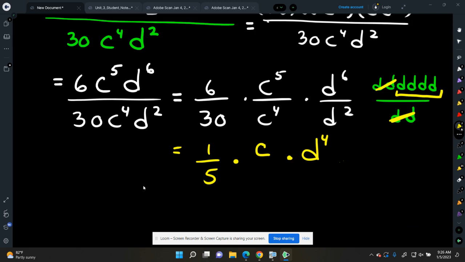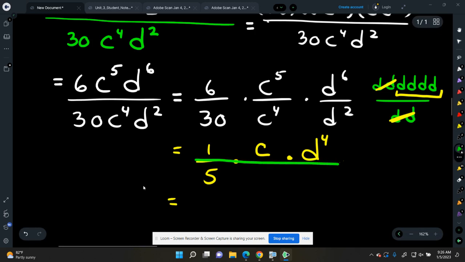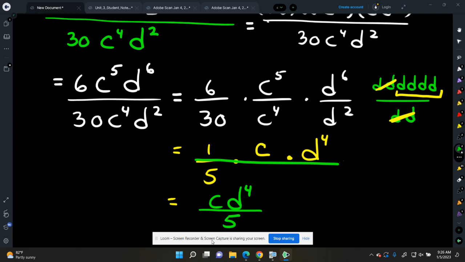Okay, we're going to go ahead and combine them again. Going straight across, 1 times c times d to the fourth. So that is c d to the fourth over 5. And that's our answer.